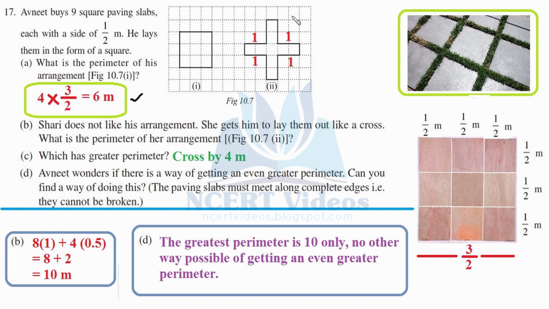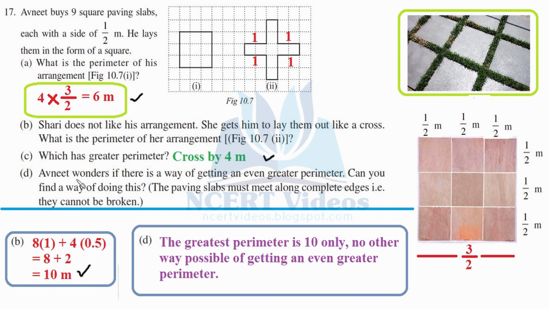So 8 ones we have, 1, 2, 3, 4, 5, 6, 7, 8. So 1 comes 8 times plus half, that is 0.5, 4 times, 1, 2, 3, 4. That will complete the arrangement of Shari's. So 4 times 0.5 is 2.0, and 8 plus 2 is 10 meter. So you can clearly see which has greater perimeter. Shari's arrangement has greater perimeter. Or you can also say the cross figure by 4 meter. 4 meter is the difference.